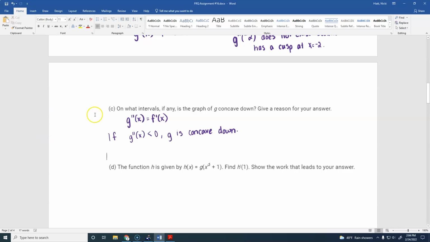So G double prime is equal to F prime. So it would also be true that if F prime of X is less than 0, then G of X would be concave down. And so we, again, can't answer this from F prime because we don't have the graph of F prime.